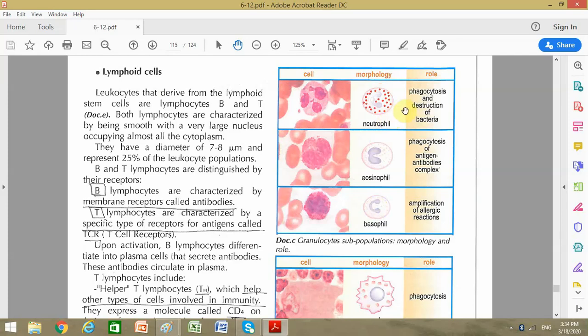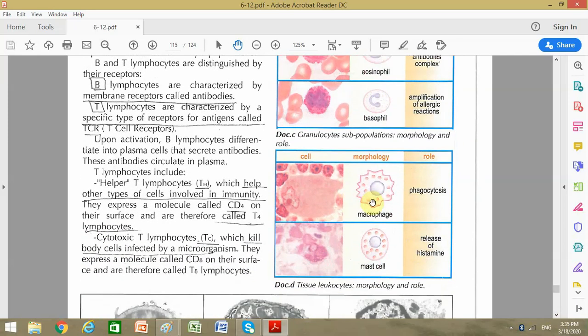This will be discussed later on in the immune response. Neutrophils phagocytose and destroy bacteria. So if someone makes a blood test and has a high amount of neutrophils, then we know that he has a bacterial infection. Eosinophils phagocytose the antigen-antibody complex, and this will also be discussed later on. Basophils amplify the allergic reaction.